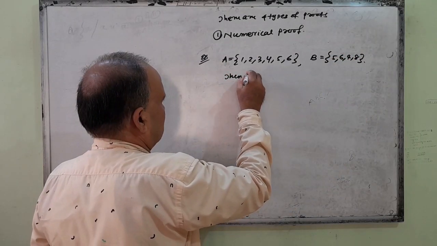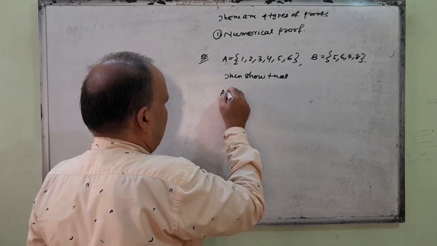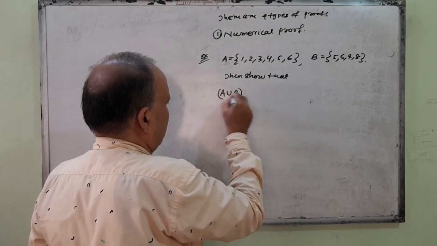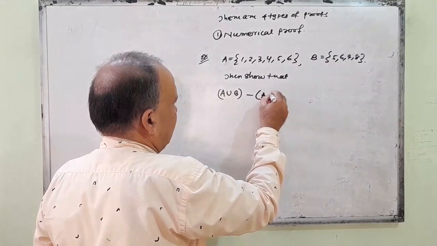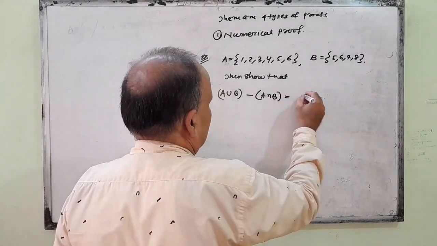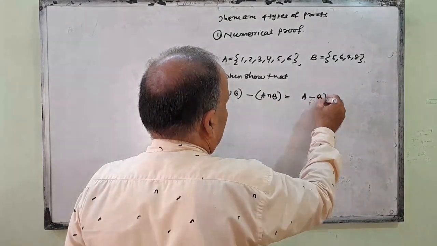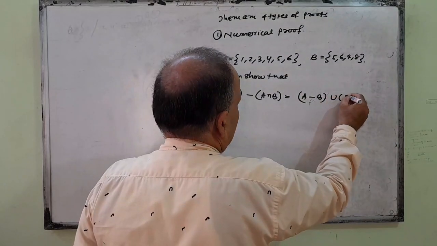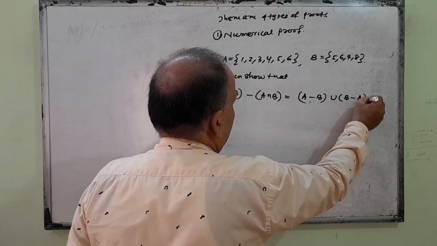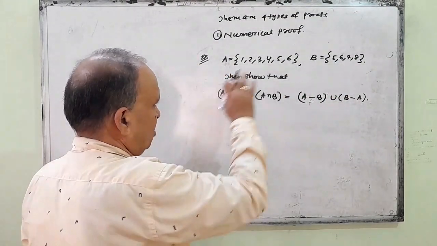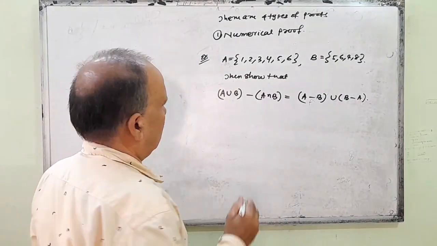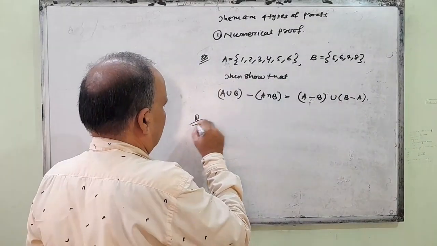Then the question will come like this: A union B minus A intersection B is equal to A minus B union B minus A. This is the numerical proof.